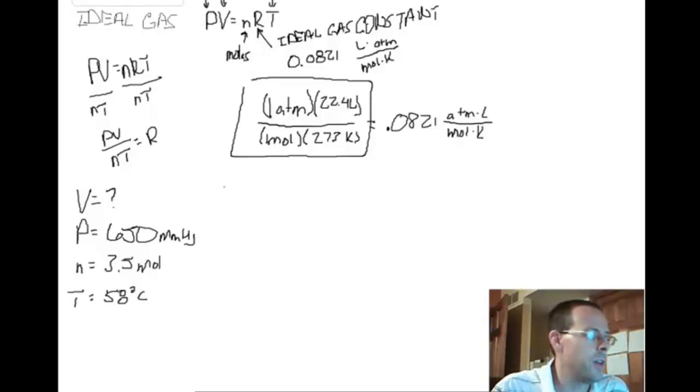So a couple of ways we can do that. We can either rearrange our equation, kind of like we did up here. So if we know that PV equals nRT, how do we get V by itself?